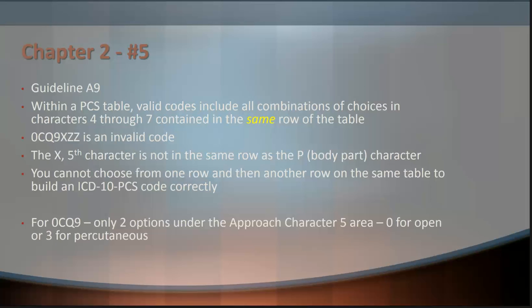The X character after the 9 in that particular code is not in the same row as the body part character, which is 9. On the slide it says P, but it should say 9. So the X, the 5th character X, is not in the same row as the body part character, which is 9.